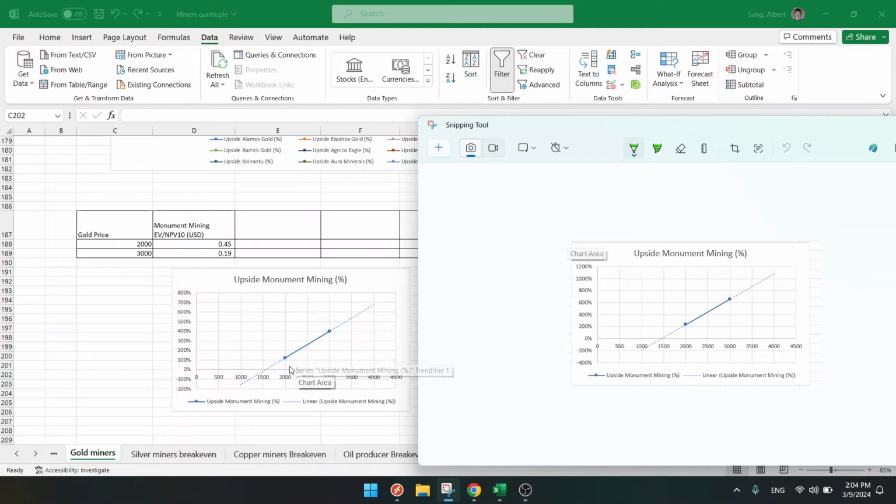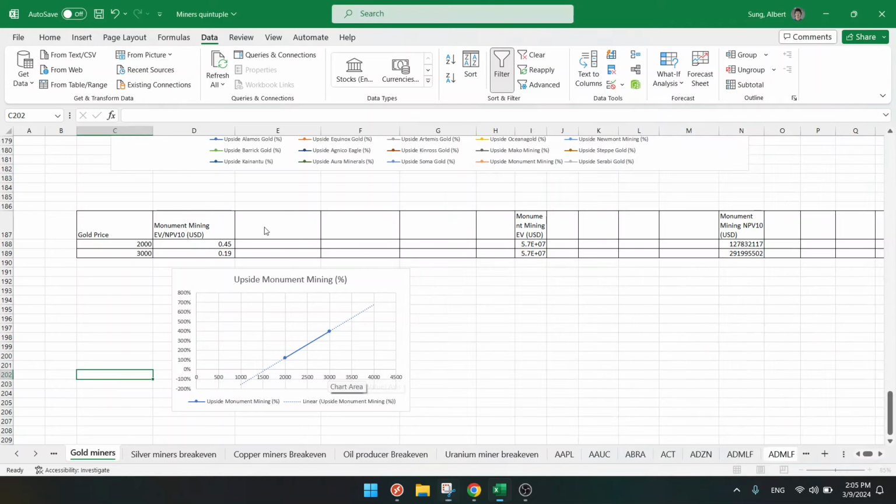So because Monument Mining has gone up 50%, the upside is only 150%, while before it was 300%. At 3,000 gold, it had an upside of 700%. Now it only has an upside of 400%. So it works.